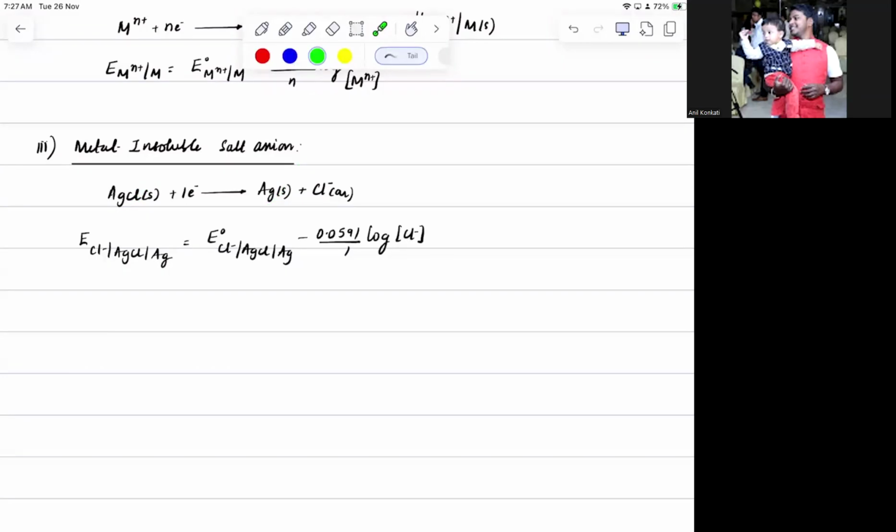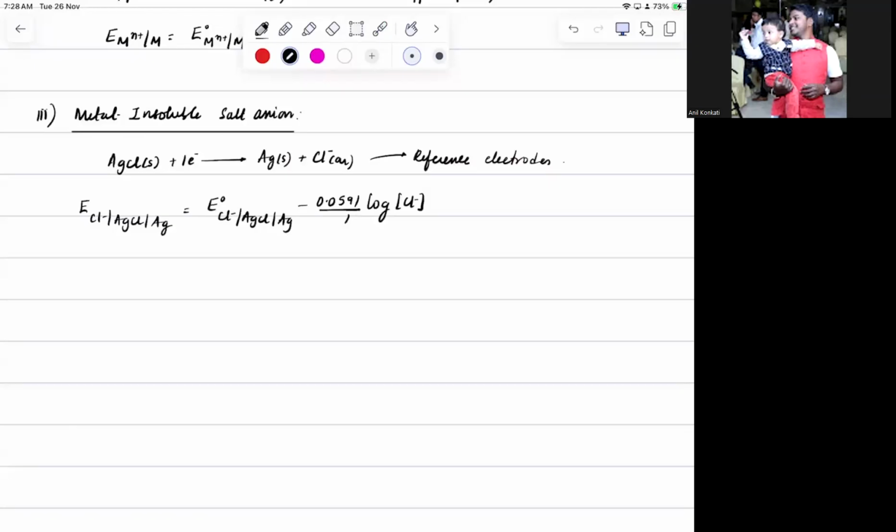These kinds of half cells, where concentration is only dependent on the anions or cations, are called reference electrodes. So these kinds of electrodes can be used as reference electrodes.